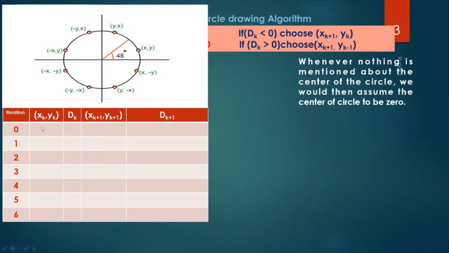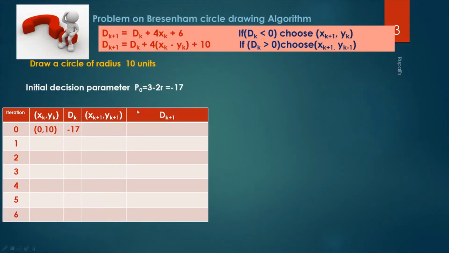So the starting point is 0 and the radius, that is (0, 10). Then what is our decision parameter? We already calculated, it is minus 17. Then the next value of x, just increase x by 1, so x becomes 1. And what is y? Which case? Decision parameter is negative, so first case.